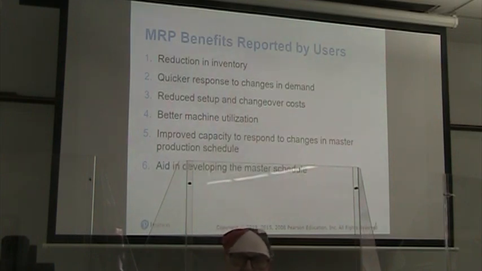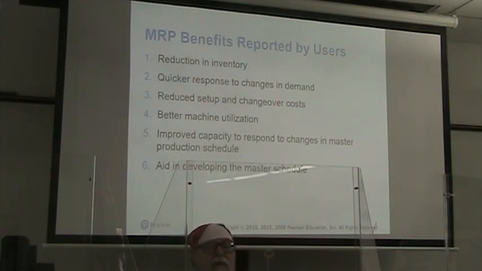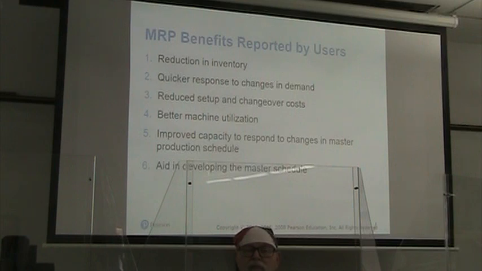So what are the benefits of having a material requirements planning as the users see it? Well, one is a reduction in inventory. Of course, we know we always want to reduce inventory because inventory represents money. A quicker response to changes in demand.